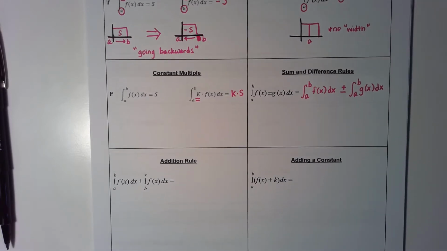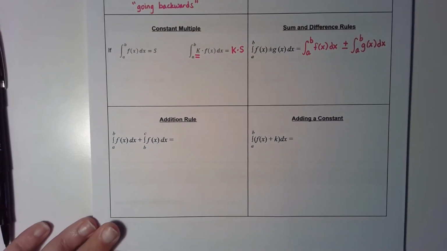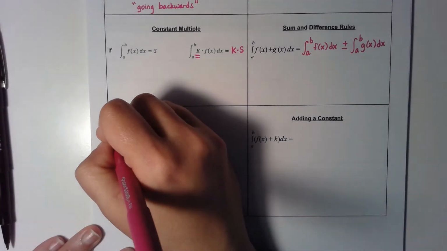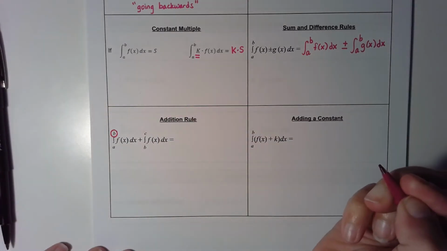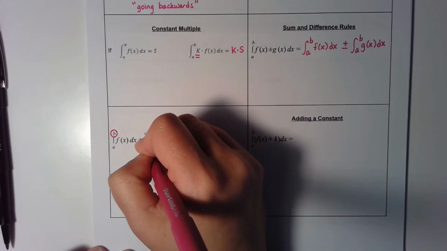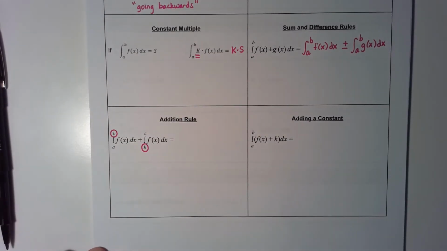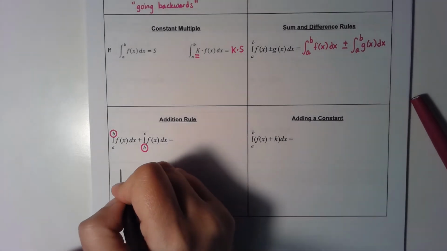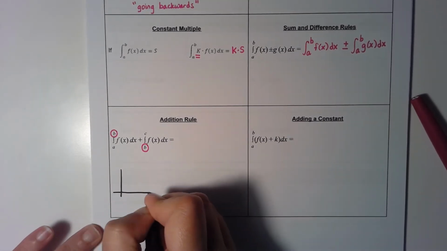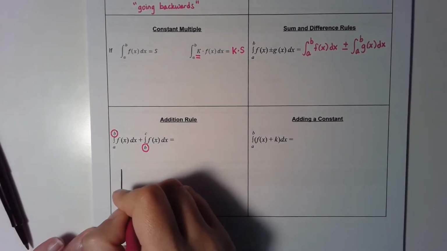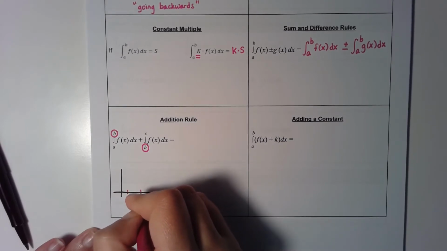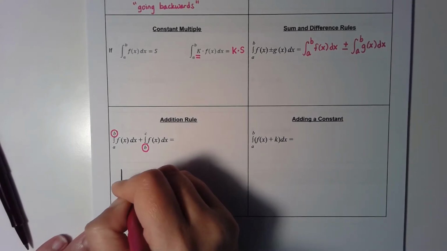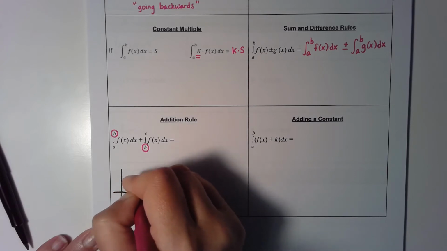The addition rule is talking about the bounds. What I want you to notice here is that the bound that's the top of this integral is the bottom of this integral. Now, if you imagine this on a graph, what you're basically doing is looking at a graph where you know the area starting from A and ending at B. That's a known value. So you know this area.